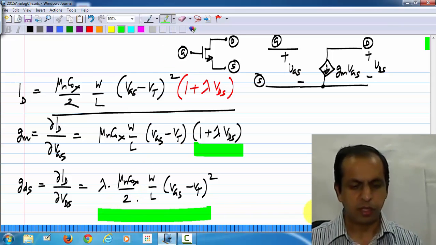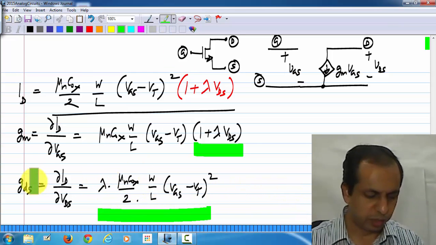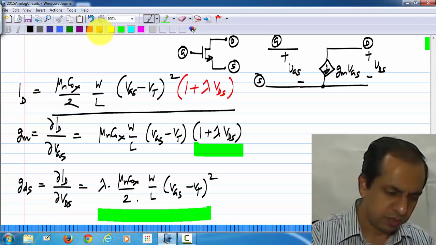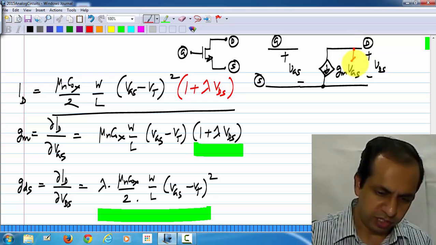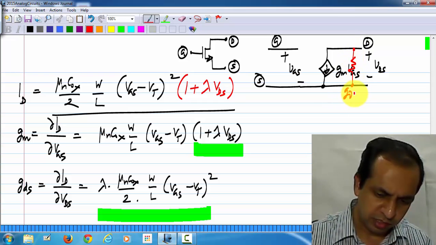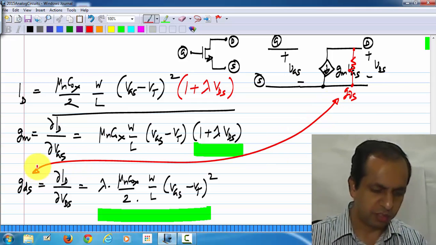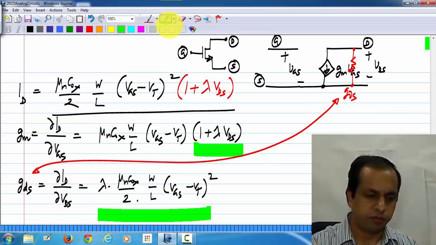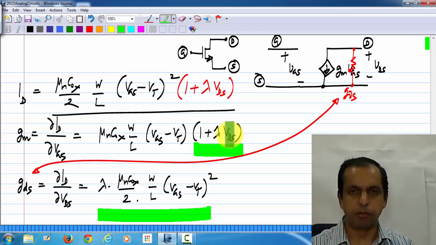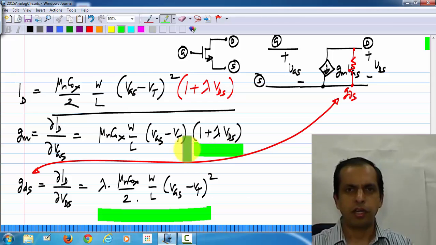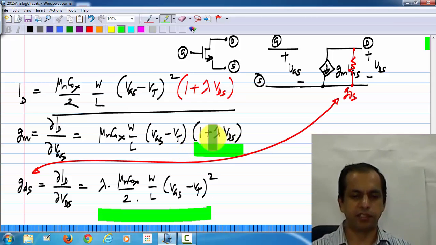In fact, the biggest qualitative change appears in this GDS. This GDS was originally 0, there was no conductance here. Now, we have a conductance GDS given by this expression. The value of GM is also modified by some number. Earlier we were calculating this, now we have this additional modifier, but this is not a big change. As I said, this lambda VDS is expected to be small compared to 1.